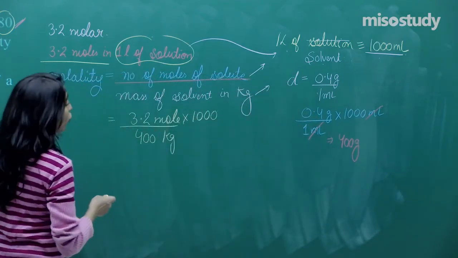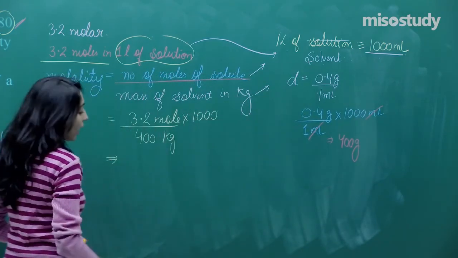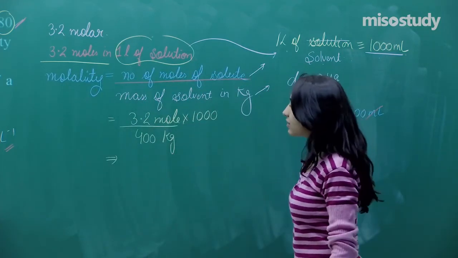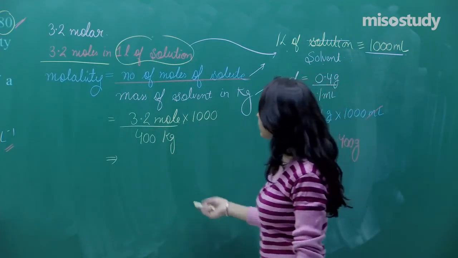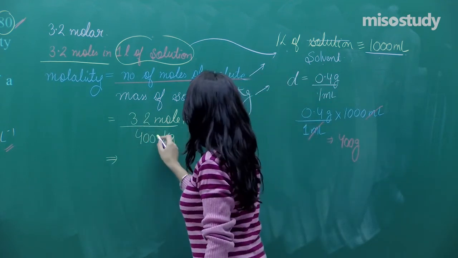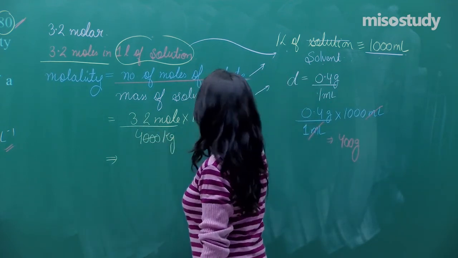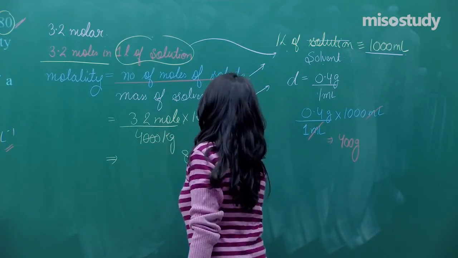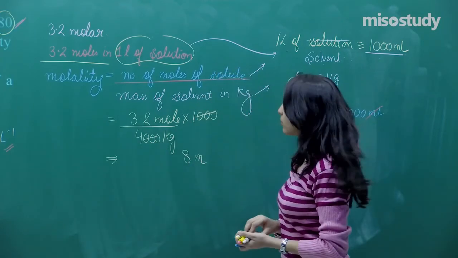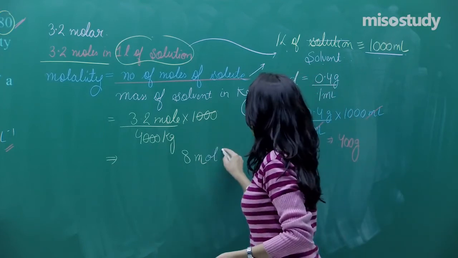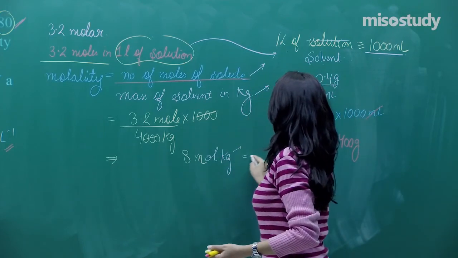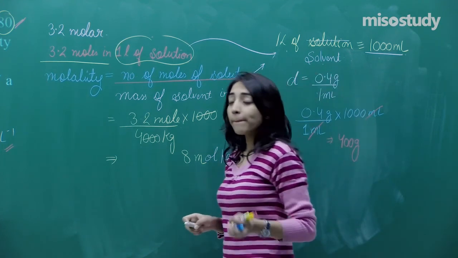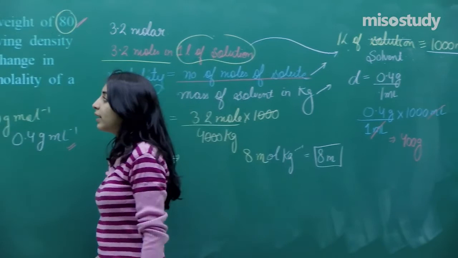If you solve it properly, you will be getting the final answer. Put another 0 here, this will go away. 32 by 4 is 8. So 8 moles per kg, which is 8 molal. Now look at the question.